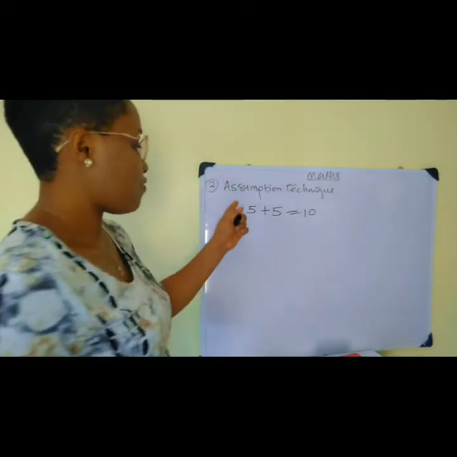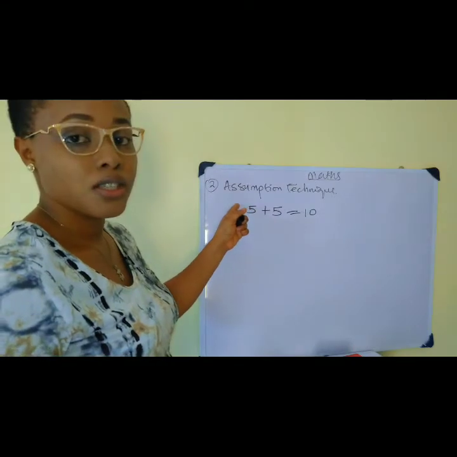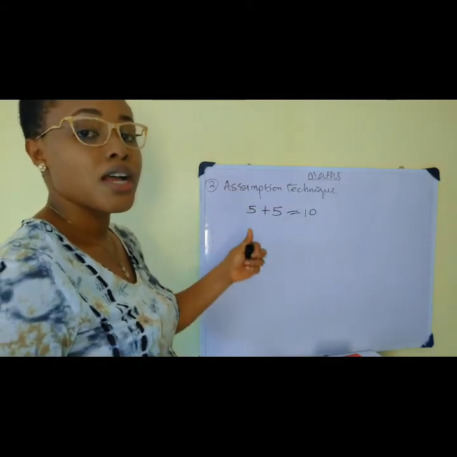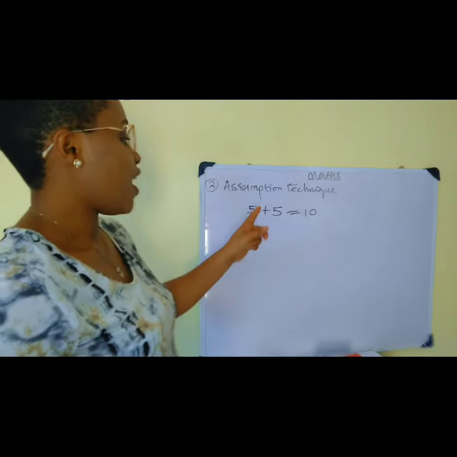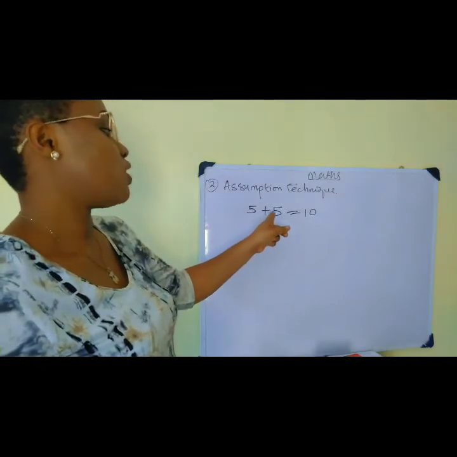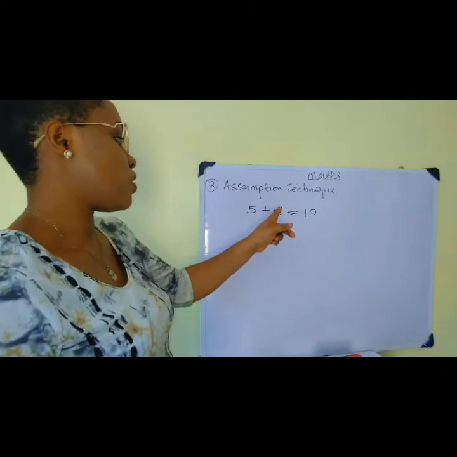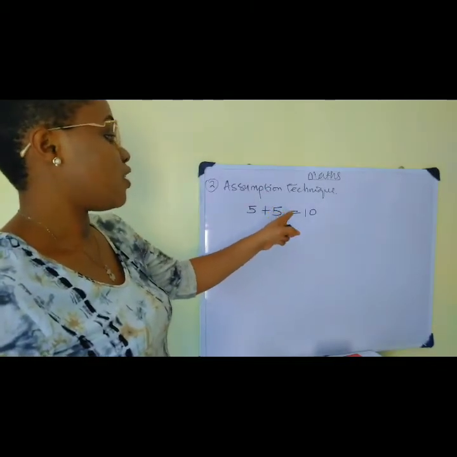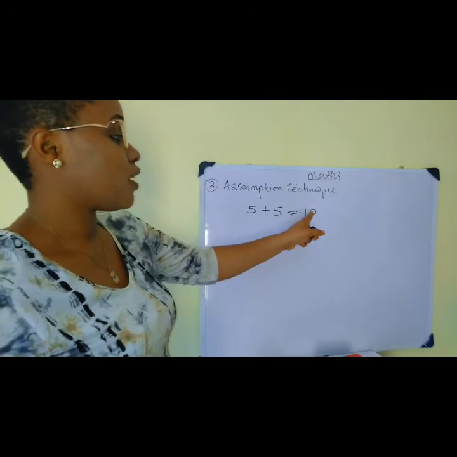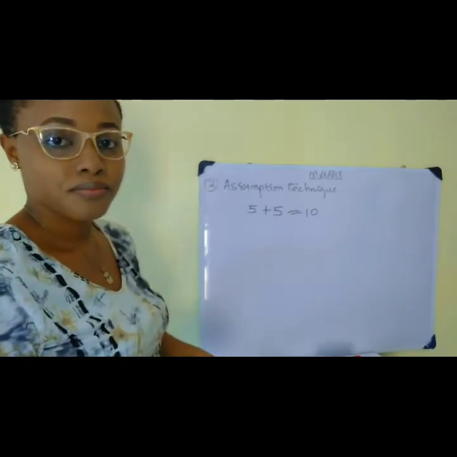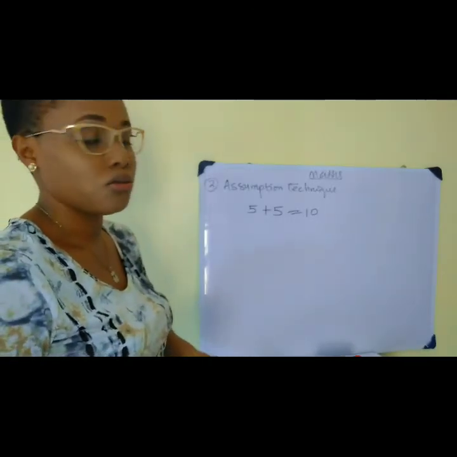You have 5 already because this is a positive, and I told you if you have a positive number, that is what you have at hand. And then someone is crediting your account again with 5 naira or any other currency that you're conversant with. This is 5, and then add both of them together, you get 10. You can use your calculator to solve that.